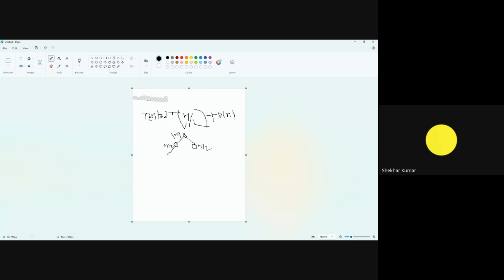So further, it is also divided into two equal halves, and the problem size will be n by 4, n by 2 square, that will be n by 4, n by 4, n by 4 and n by 4.